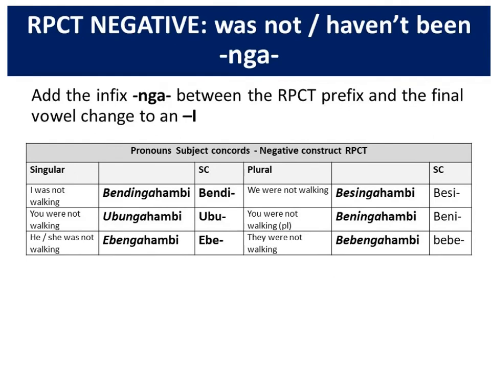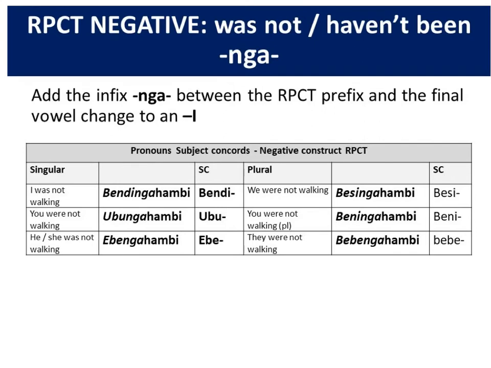And lastly, we want to look at the negative of our recent past continuous tense, and that is when you're saying I was not doing something, or I haven't been doing something. Here you'll see a form of the negative that is used in various constructs that is new to us. We have seen, for example, with the recent simple past tense that we simply added the a to the front, but the recent past continuous does not use those negative subject concords.